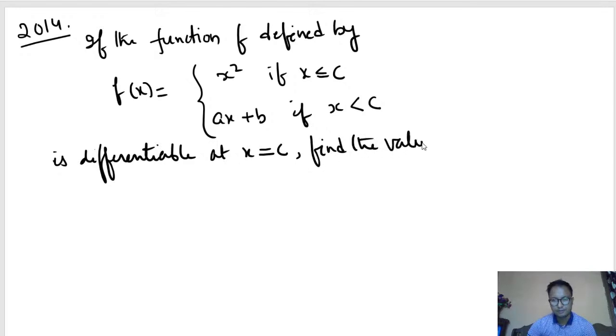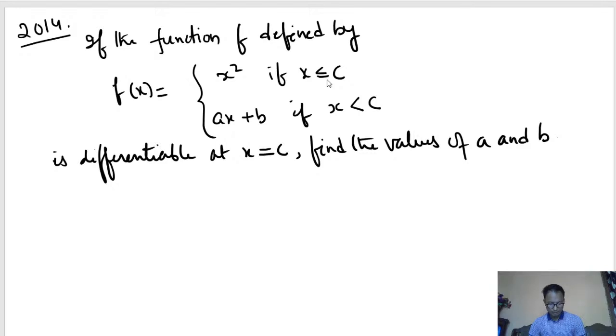Find the values of a and b. The values a and b for which the function is differentiable. But I think c is either greater than or less than, something like that.